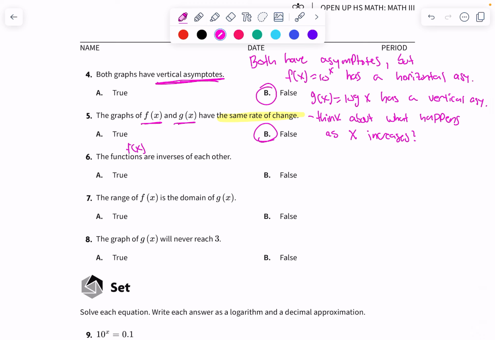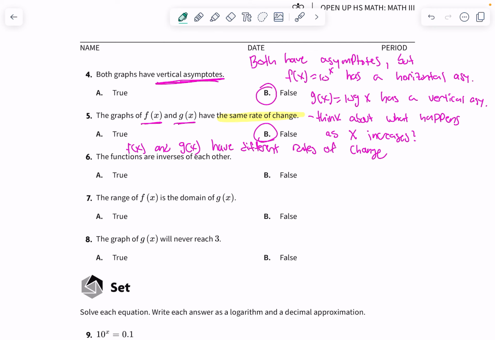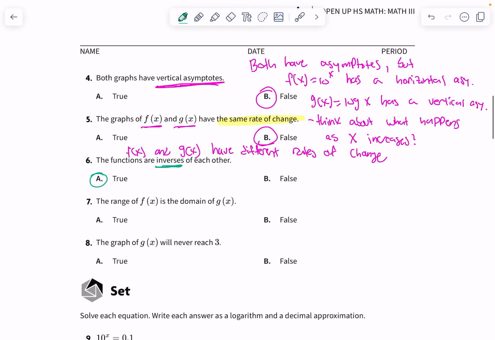f of x and g of x have different rates of change. Okay? The functions are inverses of each other. That is true. Okay? We know that that's true. 10 to the x and log of x are inverses.